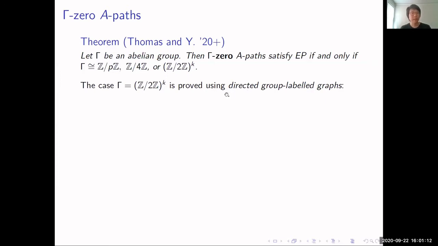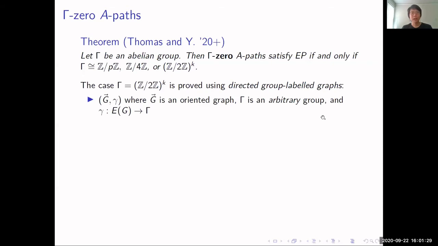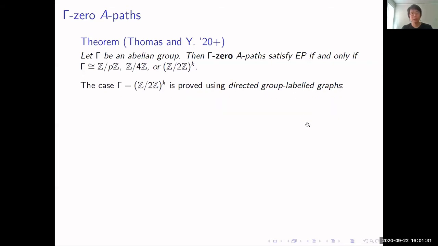So I understand that this might be confusing because I'm giving you these slightly different definitions of labeled graphs. And again, theoretically, you can prove this without using directed group labeled graphs, but the proof would be exactly the same. And I want to go through the definition of this because there's an interesting open problem that I want to mention after this.